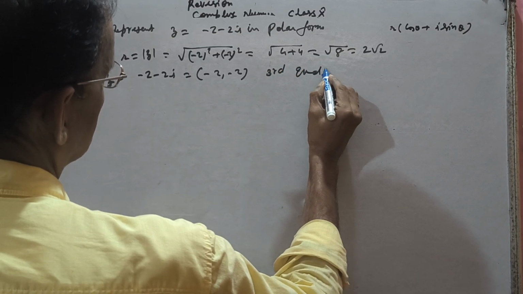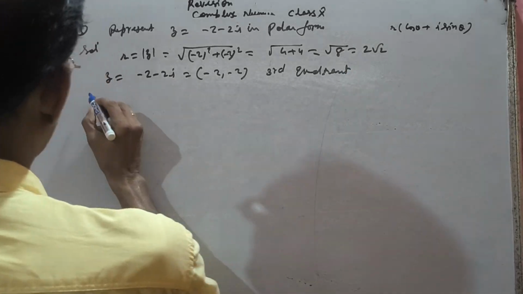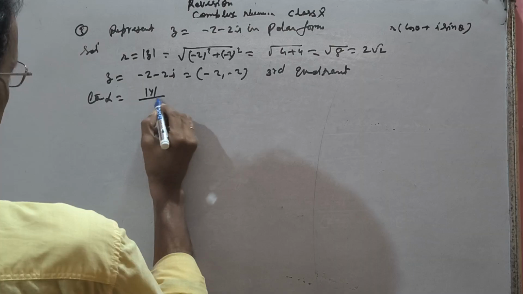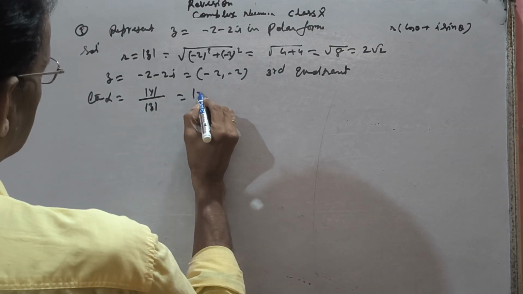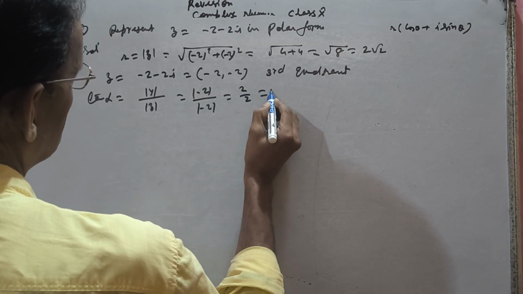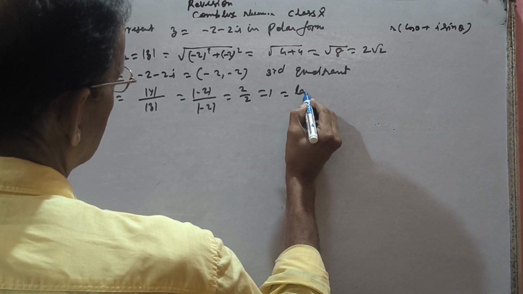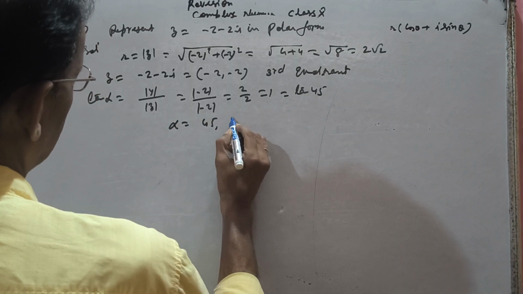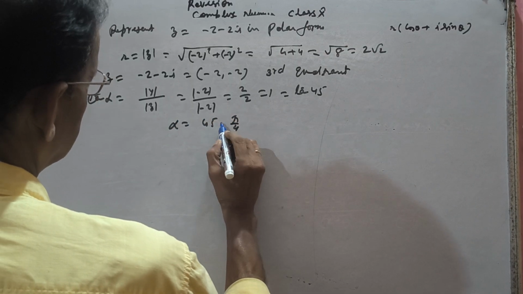Now find tan alpha. Tan alpha equal to modulus y by modulus x equal to modulus -2 by modulus -2 equal to 2 by 2 equal to 1. So what is 1 equal to? Tan 45 degree. So alpha equal to 45 degree, which is also called pi by 4.